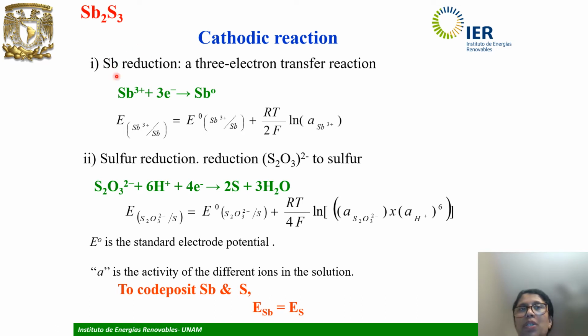On the cathode surface there occurs the reduction of antimony and the reduction of thiosulfate to sulfur. These are the standard potentials of antimony as well as thiosulfate. For the co-deposition, the potentials of these two elements should be brought together so that both elements deposit.